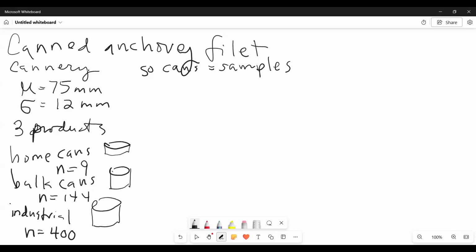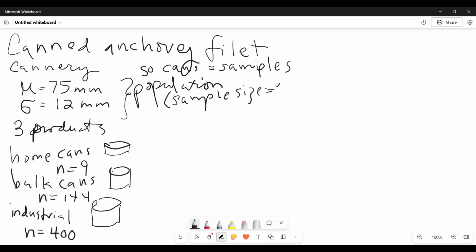So if we say that this is going to be true for our population, it's like saying the sample size is 1. Right. So we're not really taking a sample at all.